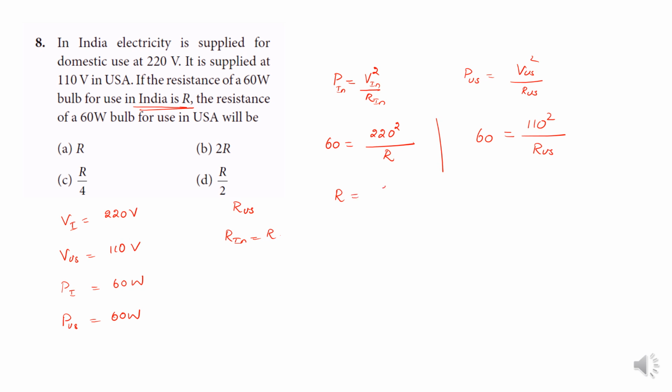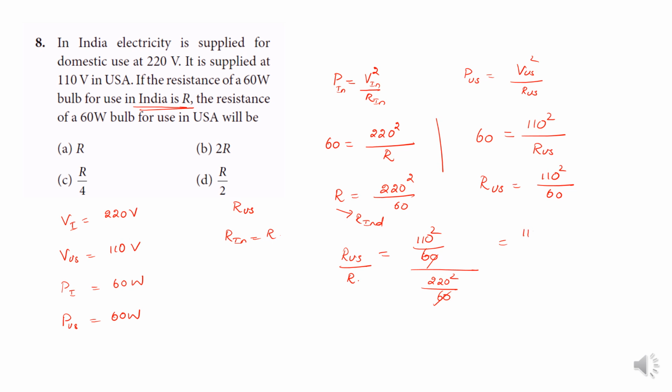So R is equal to 220 square by 60. Here also R US is equal to 110 square by 60. Okay. R US by R India. This R means R India. R US by R is equal to 110 square by 60 divided by 220 square by 60.